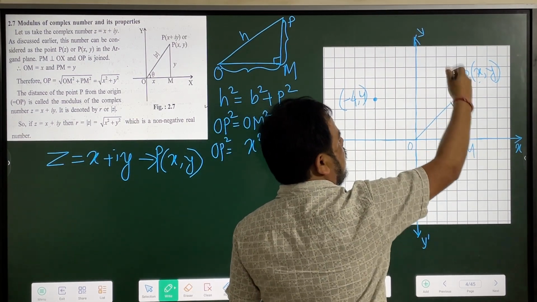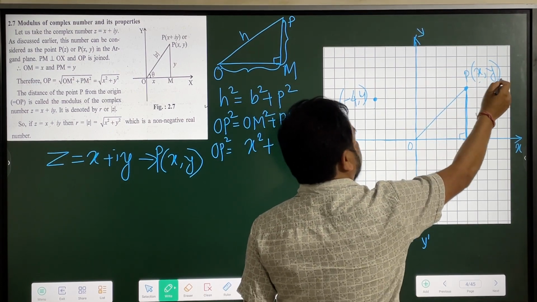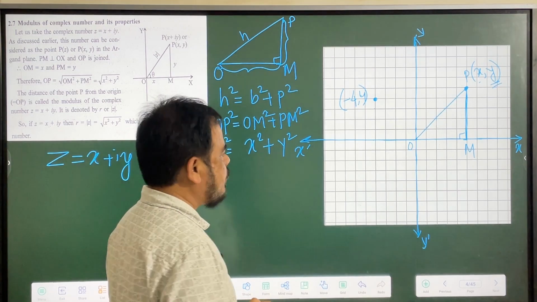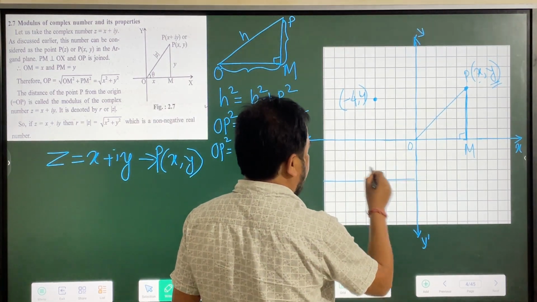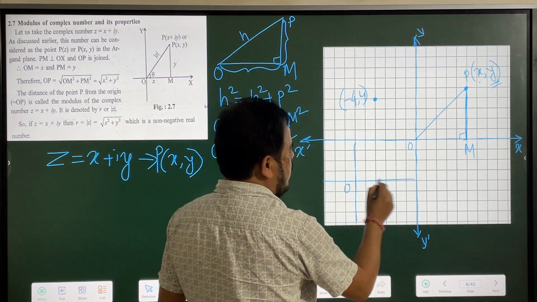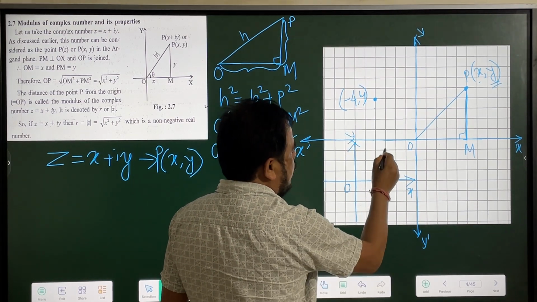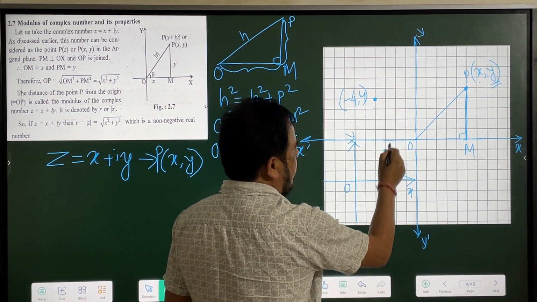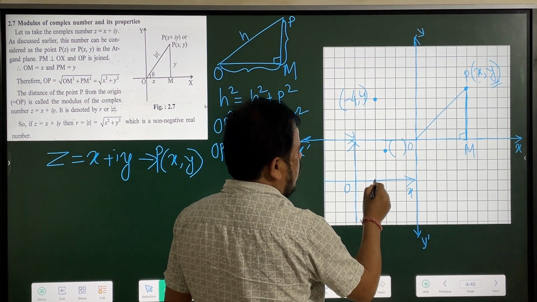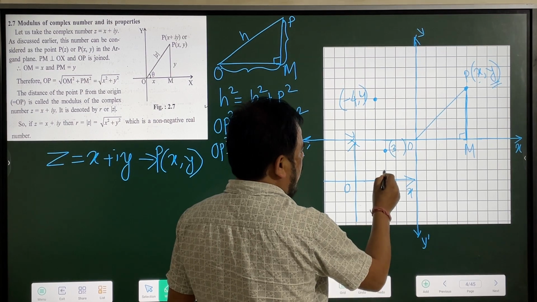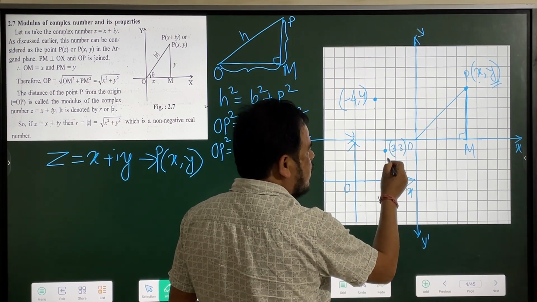So here the count is y. I will show you again shortly. This is O, this is the x-axis, this is the y-axis. So what will I write here? 1, 2, 3. So 3 I will write.